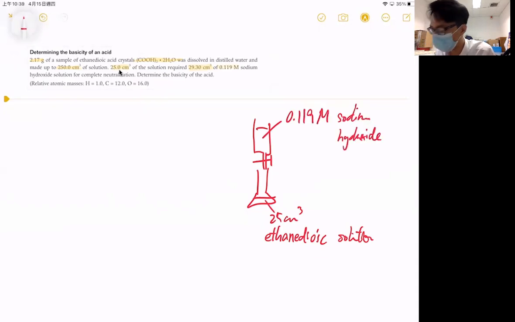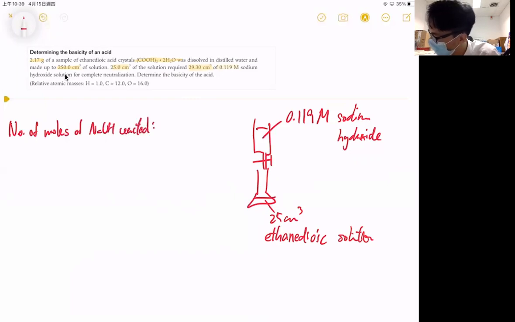So how can we calculate the basicity? First of all, calculate the number of moles of sodium hydroxide used. How can we calculate the number of moles of sodium hydroxide reacted?